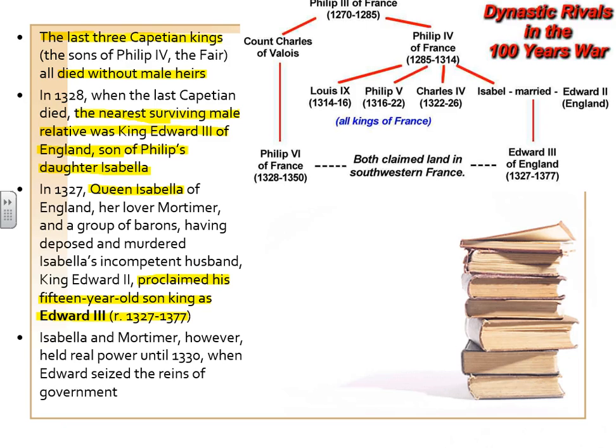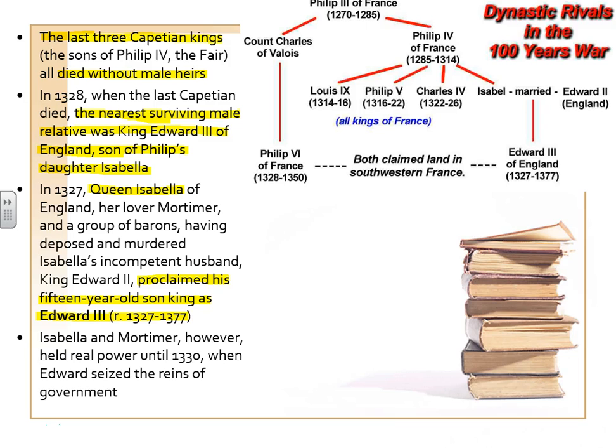At any rate, what we have then is an English king, Edward III, as a legitimate claimant to the throne. But because of the long-standing conflict between the two countries, there are a number of high-ranking nobles who do not want to see that happen.